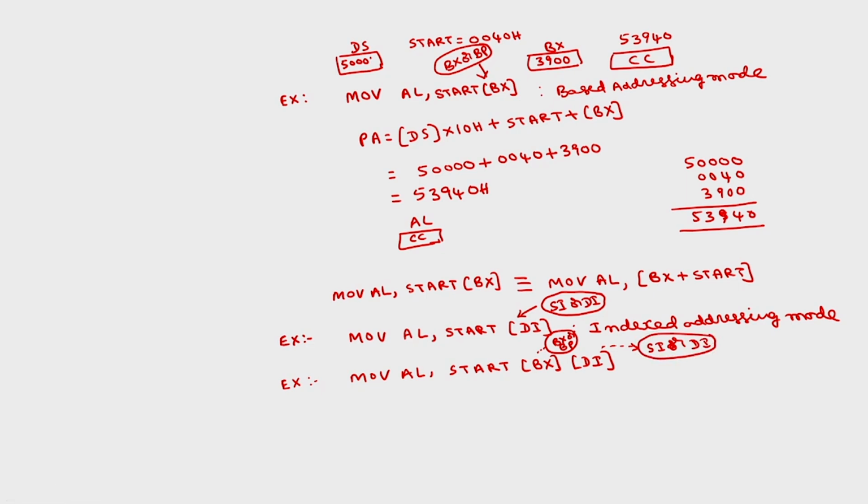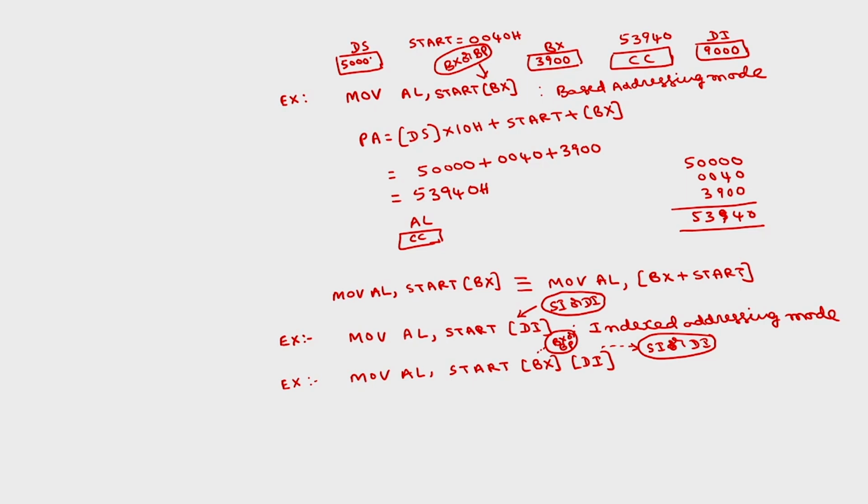Now, what is the physical address, and how do we compute it? Take the values: the start value is this, DS is this, BX is this, and DI is, for example, 9000. Then what is the physical address from where the data will be transferred to AL?